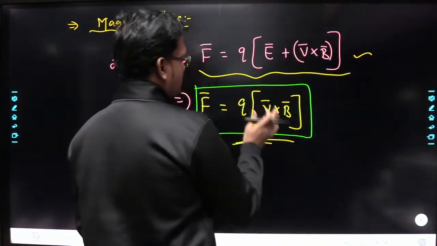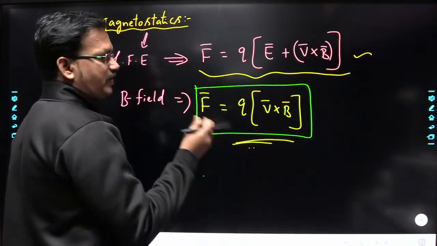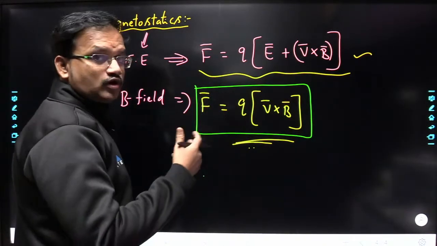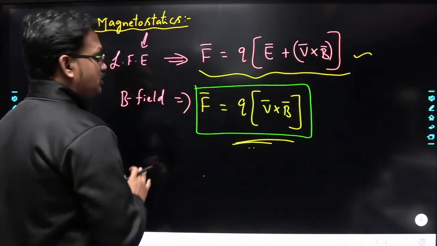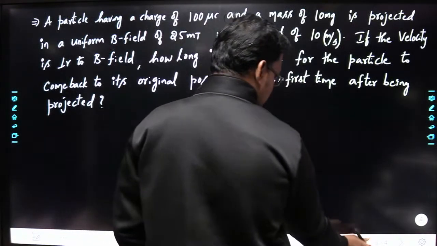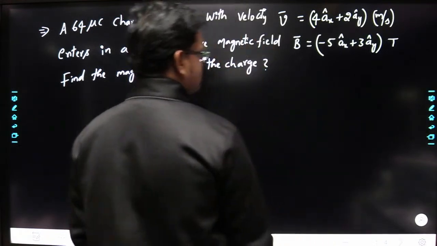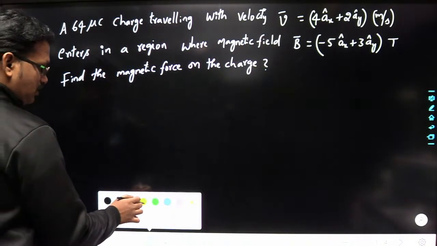The applications we have seen are the Hall effect, and also that whenever a conducting bar is moving in a B field, a voltage is induced across it. All these things we have seen in the previous sessions. Now I will give you some questions, you have to do them and tell me the answers.